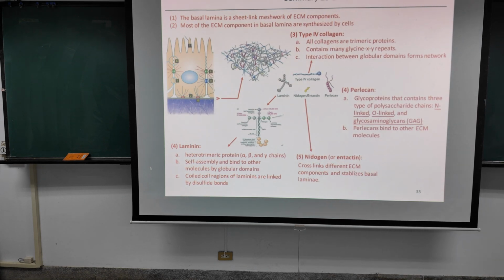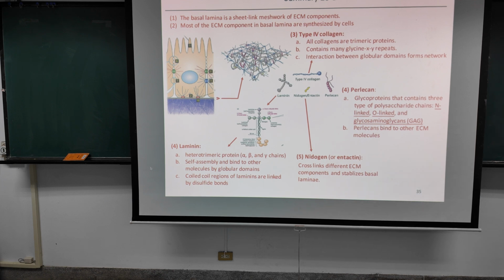So in this section, we talk about the basement membrane as a sheathing meshwork of ECM components. Basically, those are proteins mainly synthesized by cells. The cells synthesize those proteins and secrete them out to the extracellular space, and they assemble with each other into such a sheathing meshwork. That is where it comes from.